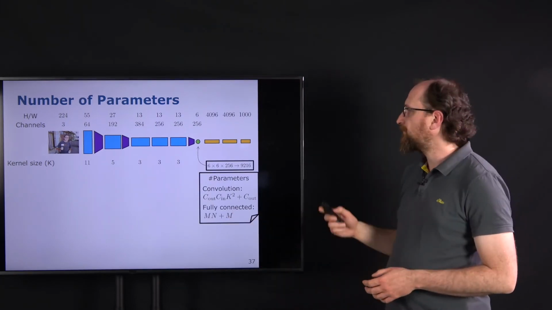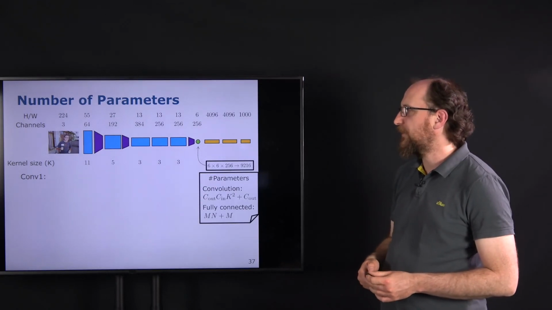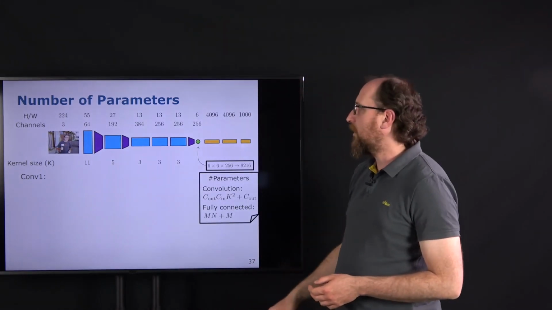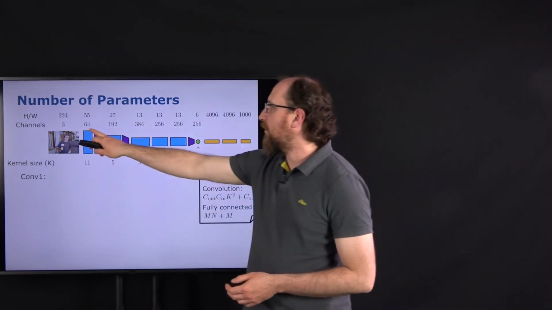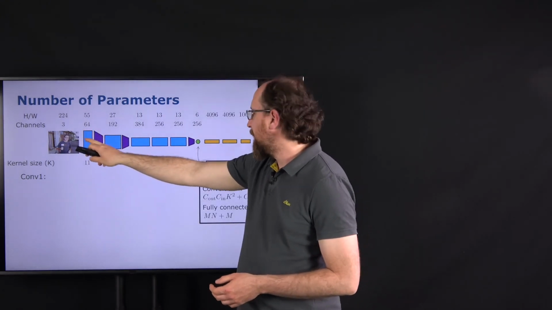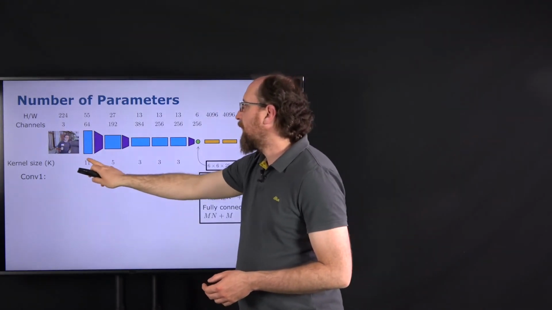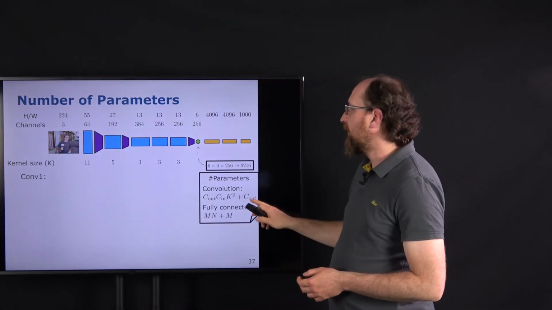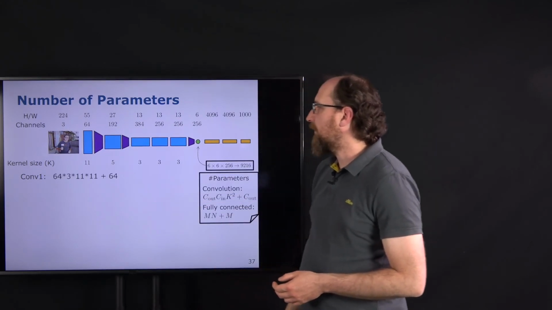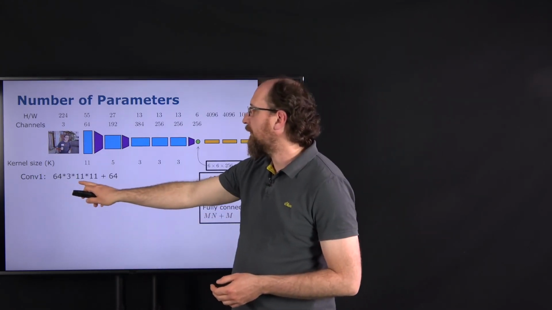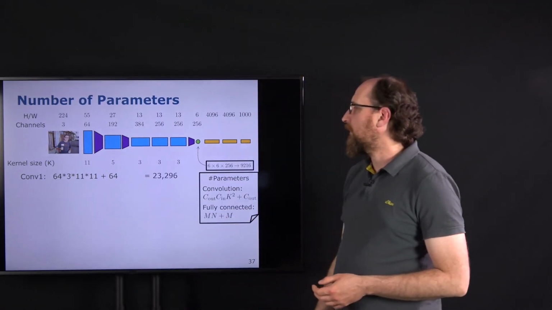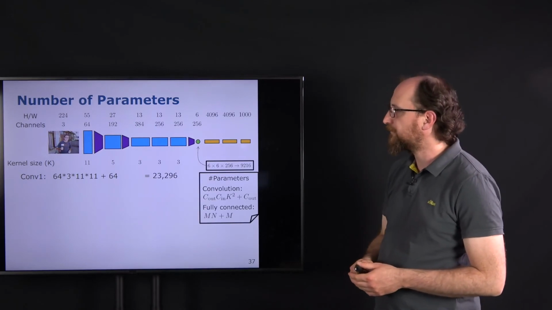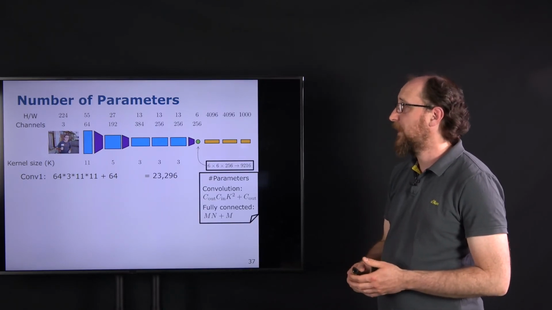Now we do the computations for the first convolutional layer, conv1. We have 64 channels as output, 3 channels as input, and an 11 by 11 kernel, plus the number of output channels, which is 64. So we have 64 times 3 times 11 times 11 plus 64, giving us 23,000 parameters to learn for the first convolutional layer.